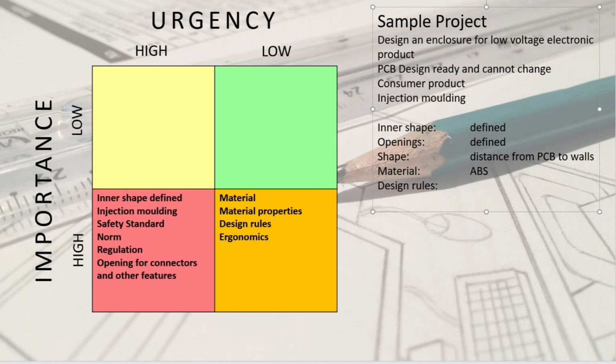I will assume that my project is small, so I can go with a minimum 1 degree draft at walls. Then I go with a nominal thickness of 2 millimeters. And from here on, we can start designing.